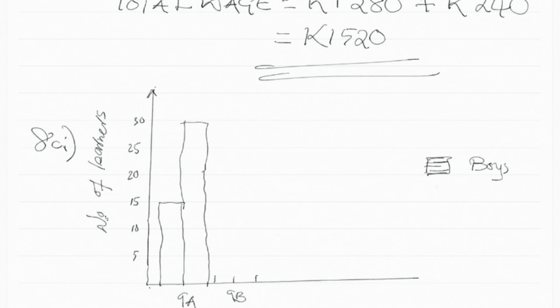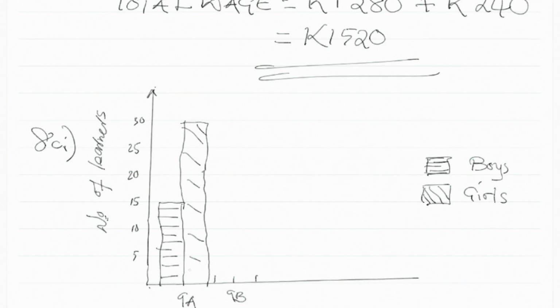And the bar, which is shaded more like zebra crossing, is for girls.